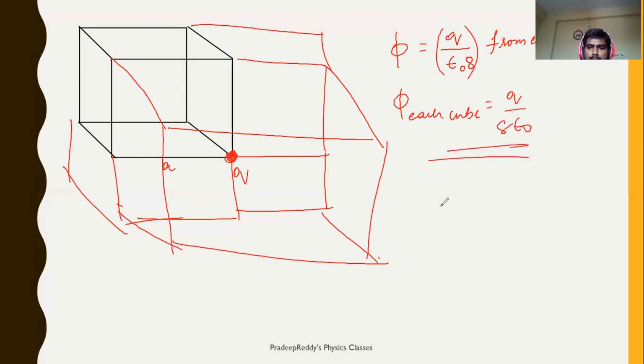Likewise, this is one example. Similarly, one more example, like you have a circular area where here it is plus Q1, minus Q2 and minus Q3, and here we have charge Q4 and here minus Q5. Right?